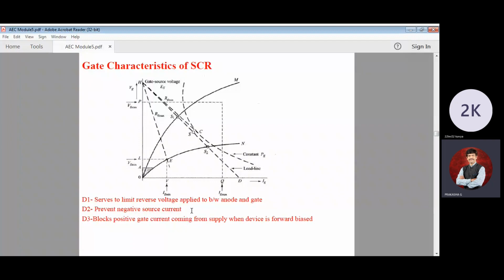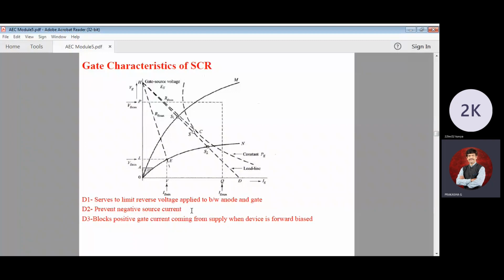When you draw the load line, you are in a position to identify the value of T. So we will be having S2, S1, two points, and whatever we are going to get in between these two values, this shaded portion is what we are going to measure. That is what we are going to call the gate characteristics.